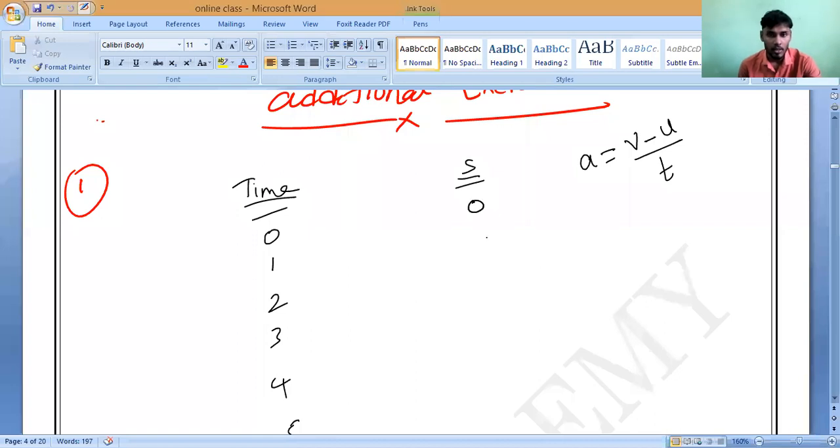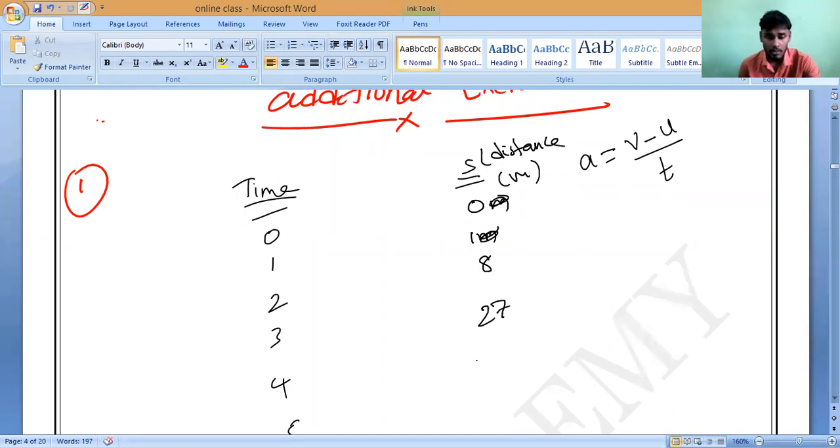Time 0 means distance 0. Next, 1 second means how much distance? 1 meter. Next, 2 seconds: 8 meters. Next, 3 seconds: 27.